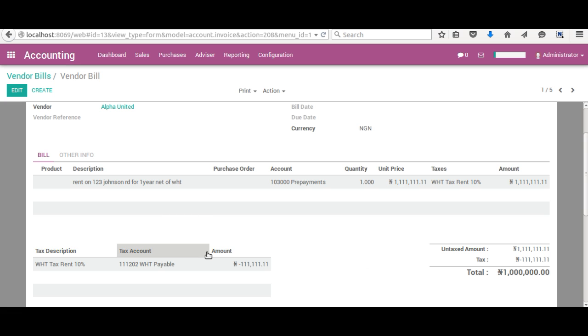Now, remember that we are doing this at the point of invoice. Why? Because we already know the withholding tax that is being deducted in this amount. One of the reasons why we will do withholding tax at time of payment is because it is actually based on what we pay to our vendor or what our customers pay to us.